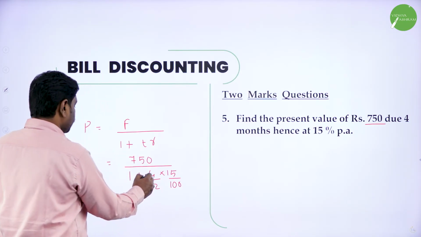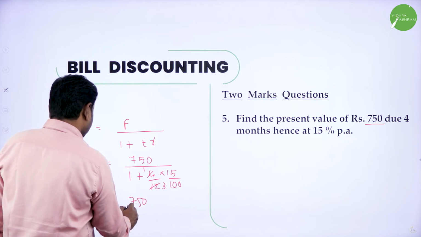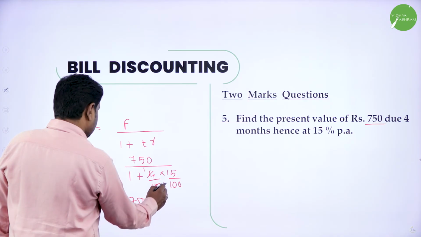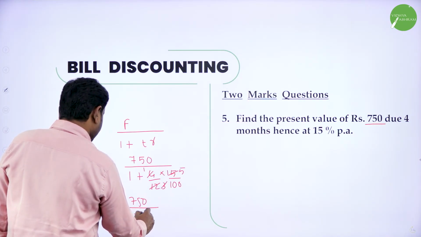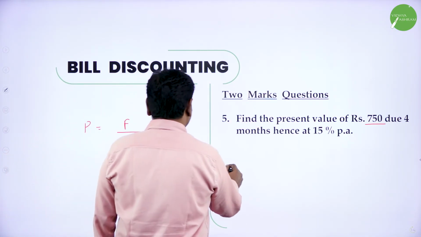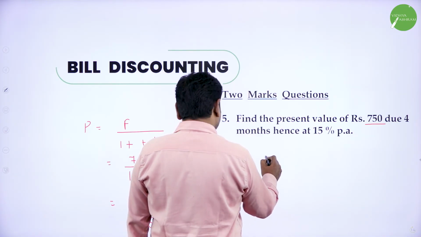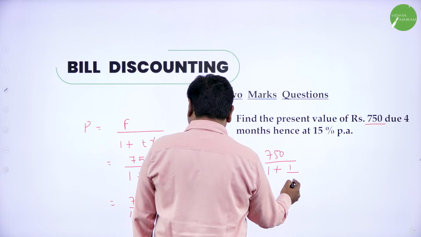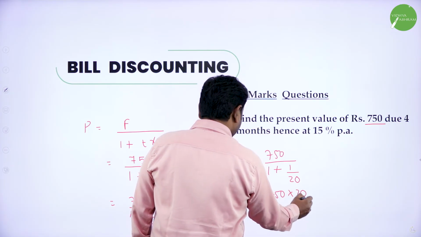Simplify this. 4 1s are 4, 4 3s are 12. So 750 divided by 1 plus 3 1s are 3, 3 5s are 15, so 1 plus 5 by 100. Further, if you simplify, P is equal to 750 divided by 1 plus 1 by 20, which will become 750 into 20 divided by 21.